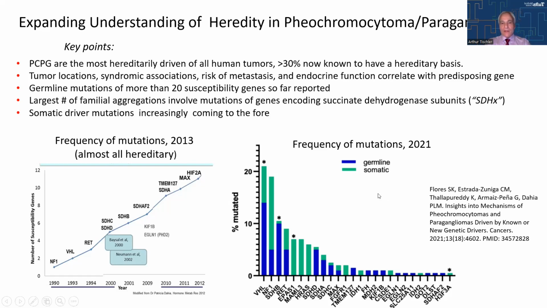Interestingly, somatic mutations of HIF2 alpha, EPAS1, are overwhelmingly predominant, and if any germline mutations actually exist at all, they are extremely uncommon. And the exact reason for this difference is not clear.